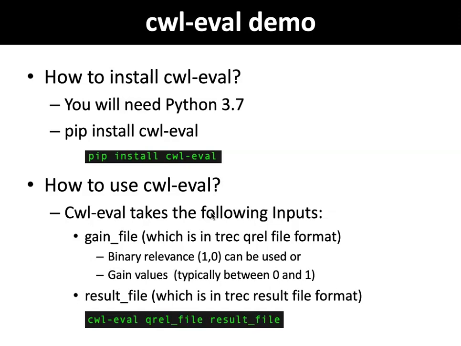But actually, L-eval assumes these values are gain values, whether they're 1 or 0, or a value between 1 and 0, or even above. It will interpret them as gain values. If you have just zeros and ones, then you basically get the binary relevance measurements.